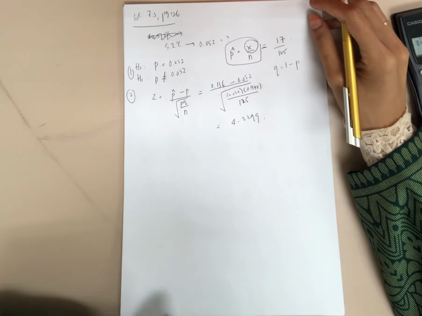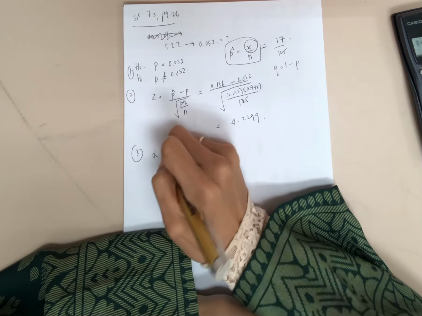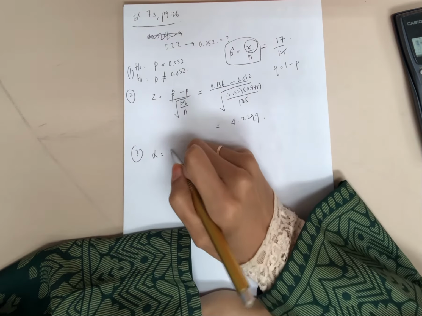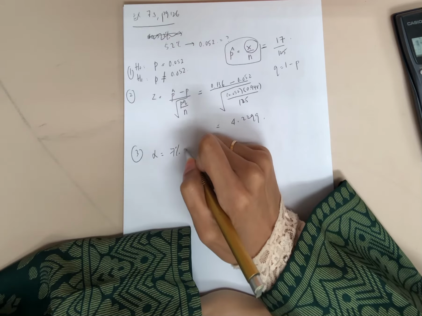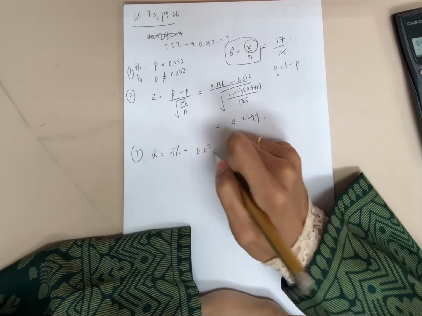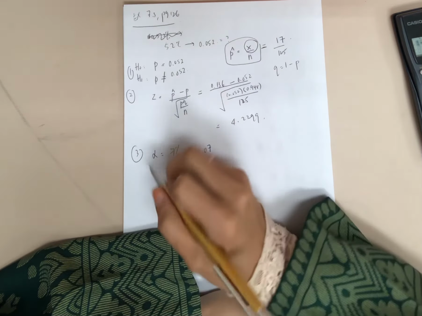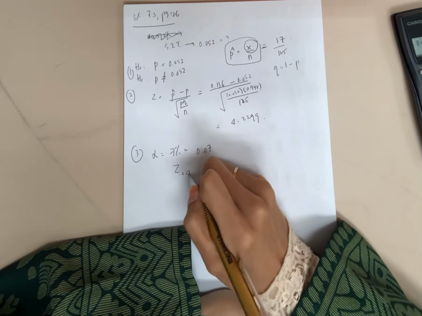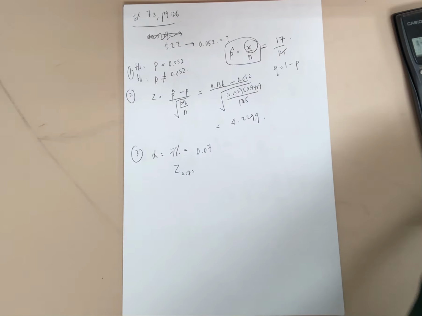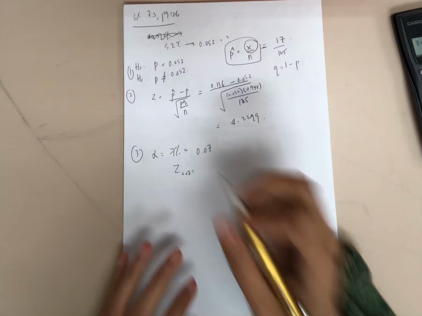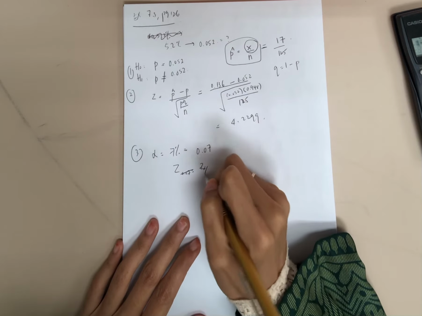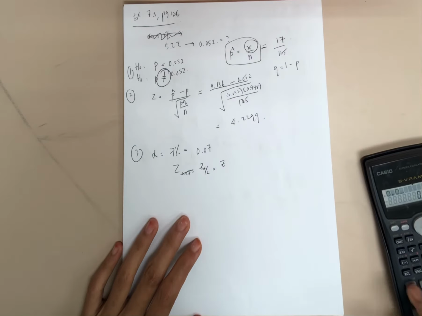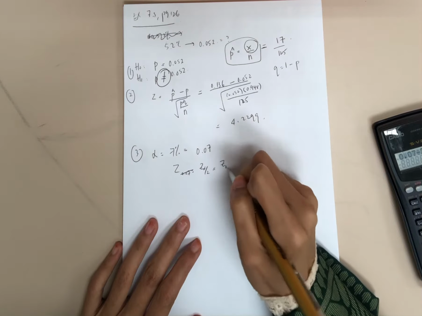Alright, after that we need to find your alpha. By reading back the question, it is mentioned 7%. You need to convert it to decimal, so it will be 0.07. Then by using the table, Z alpha over 2, class, because this is two-sided. Two-sided means Z of 0.07 divided by 2, so 0.035.